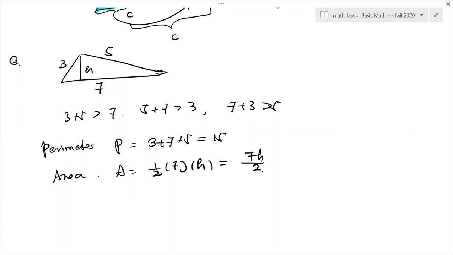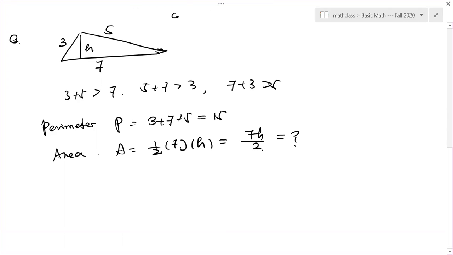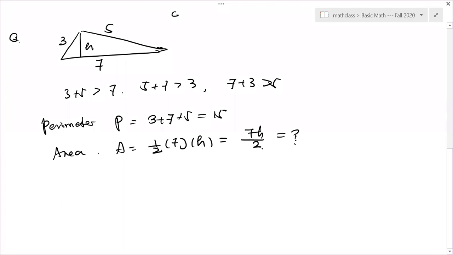We can get the area, but we need a formula. The question is, can we find the H? We don't know yet, right? So this is a Chinese problem.